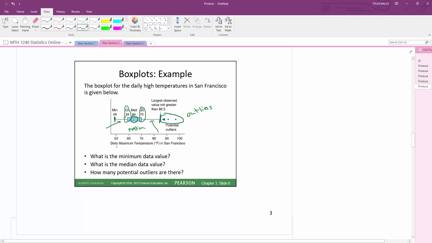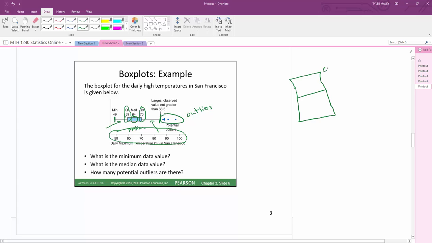And notice here we still have an axis, and this is showing daily temperatures. You can also do a box plot going up and down. So we can also have a box plot going this way, and then we'd have a line in here.